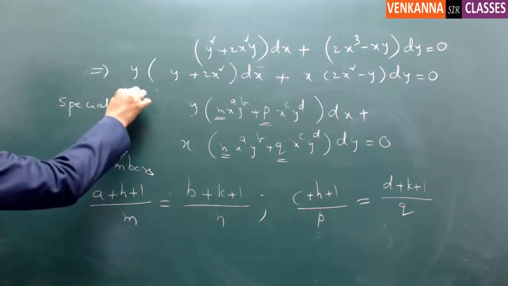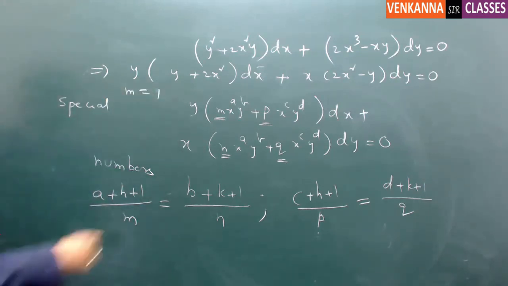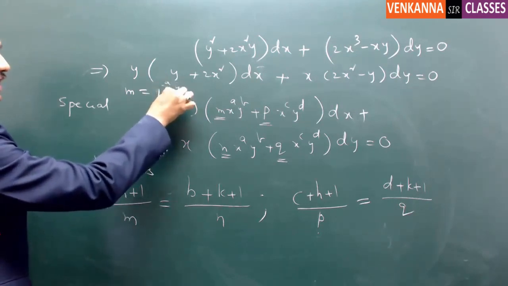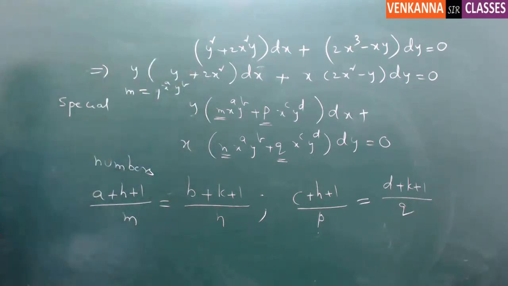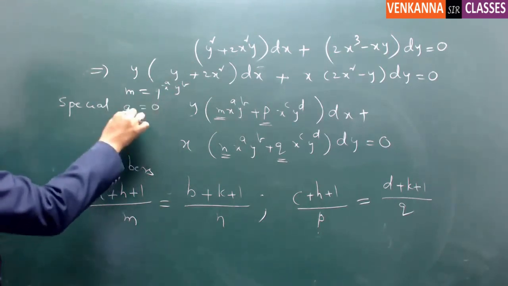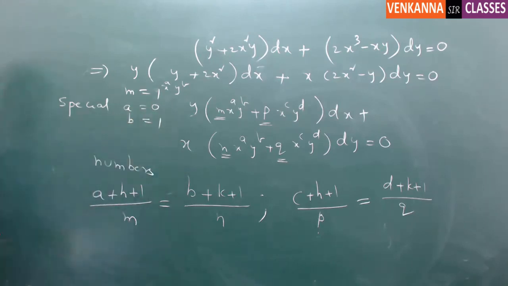So what will be m here? 1. So you should feel that it is of the form x power a into y power b. You should feel like that. Then I say that a is equal to 0, b is equal to 1. Accepted?